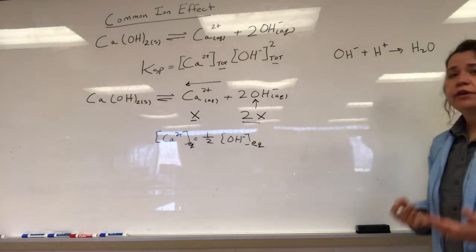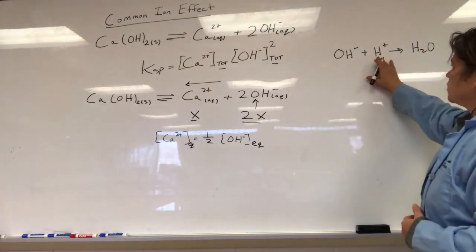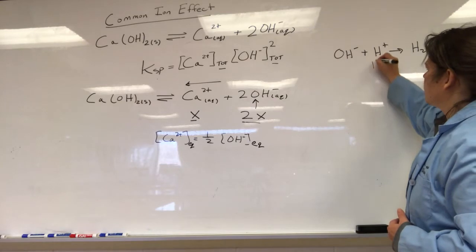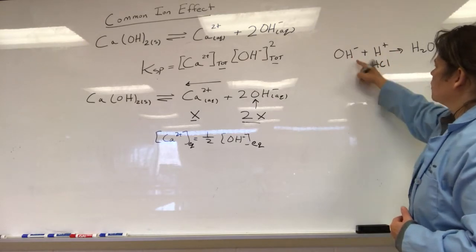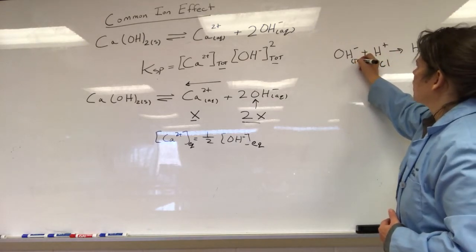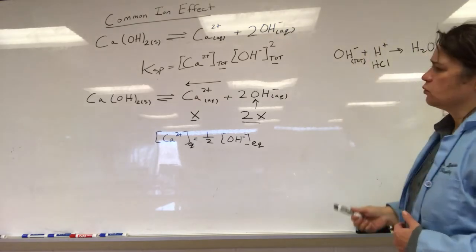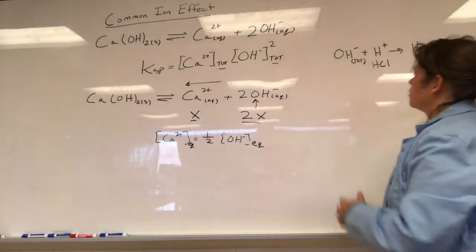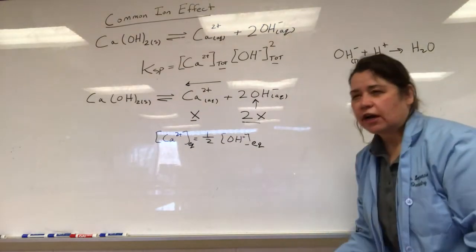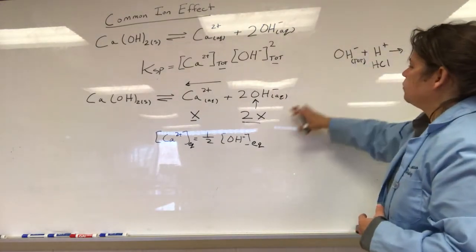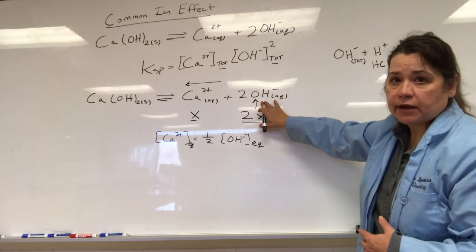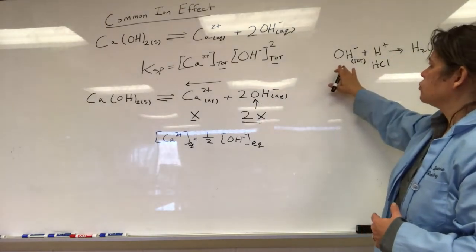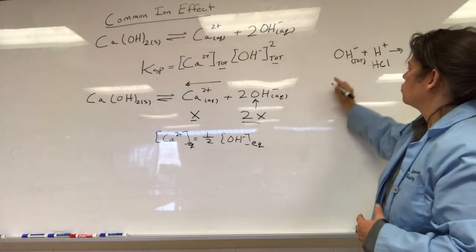So that's what we're going to do. We're going to take a strong acid, in this case hydrochloric acid, and react it with all of the hydroxide in a solution. So we'll try and dissolve some calcium hydroxide. The solution can contain some extra hydroxide, and it will also produce some hydroxide by the equilibrium. Those two things will equal the total hydroxide.